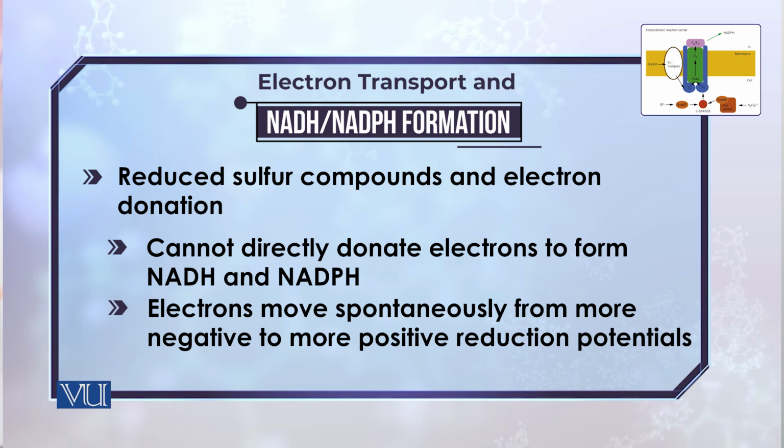One thing you should keep in mind is that one of the major principles of the electron transport chain is that electrons have to be donated between two components. If electrons move from component A to component B, there should be a very high electronegativity difference between the two molecules.